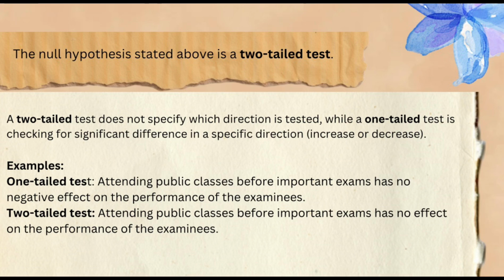For example, a one-tailed test would be: attending review classes before an important exam has no negative effect on the performance of the examinees. Meanwhile, a two-tailed test would be: attending review classes before an important exam has no effect on the performance of the examinees. Since our null hypothesis does not predict a specific direction, we use a two-tailed test for this analysis.